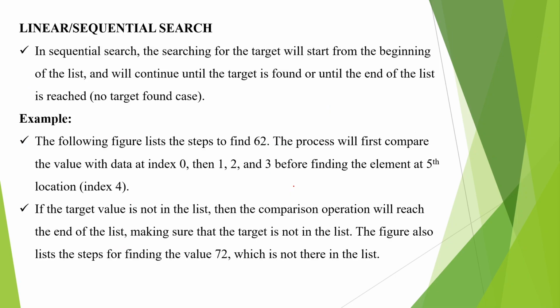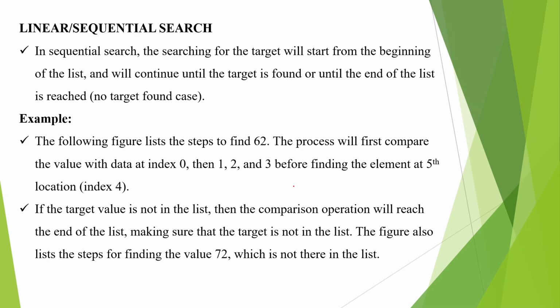So what we do in linear sequential search, we search for the target from the beginning of the list. We start our searching from the beginning of the list and look for the target in each item, one at a time, and we continue until we reach the end of the list. One item at a time, we compare with the target.